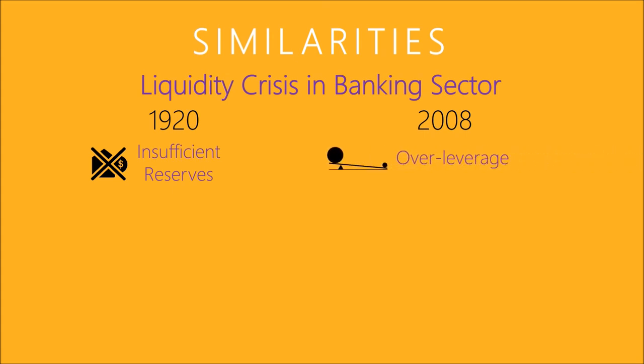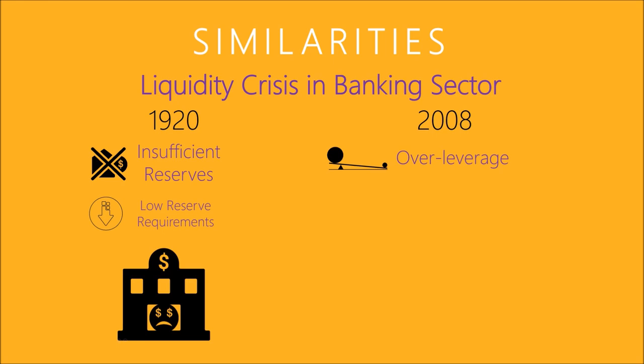Before the Great Depression, small banks were allowed to set up with low reserve requirements. As the stock market crashed, and depositors of the general public started to withdraw money out of market panic, banks fell short of reserves and this resulted in bank runs. In 1933, about 11,000 small banks collapsed.